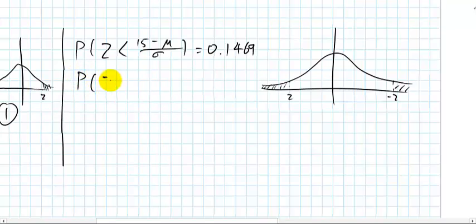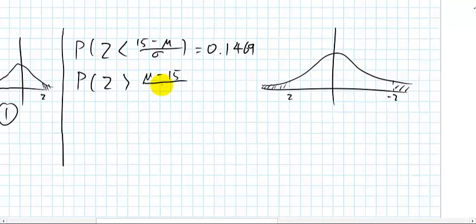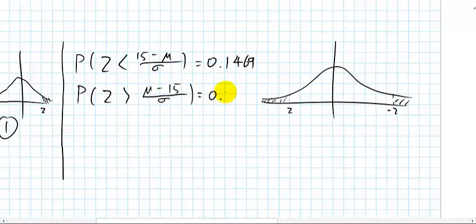That means the probability of Z being bigger than (15 minus mu), we have to make it negative, so let's swap this around. So minus of this is equal to this, is equal to 0.1469. The probabilities are the same, remember?